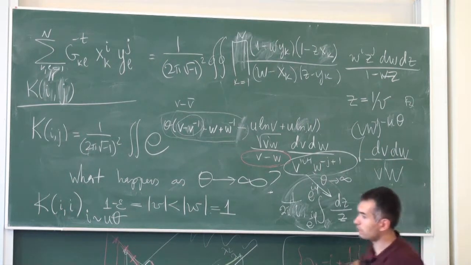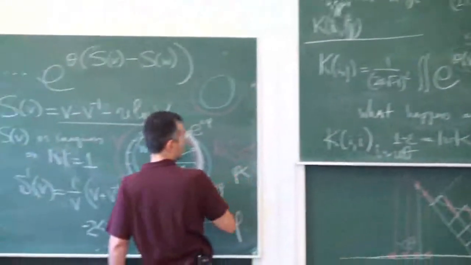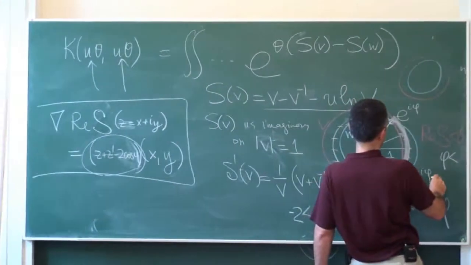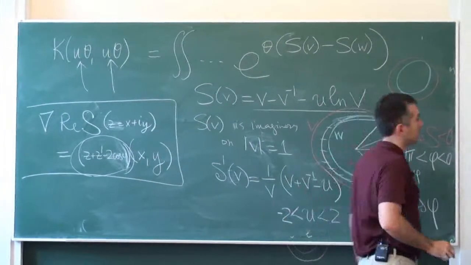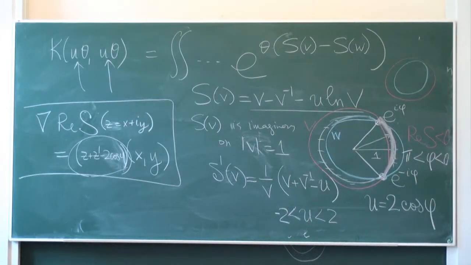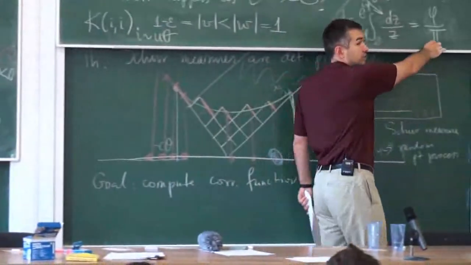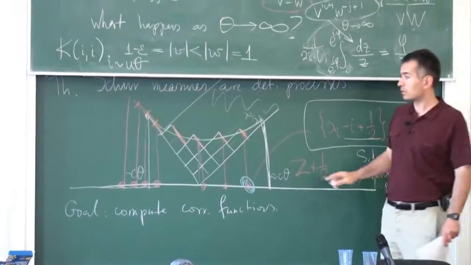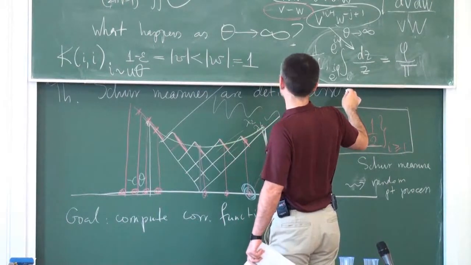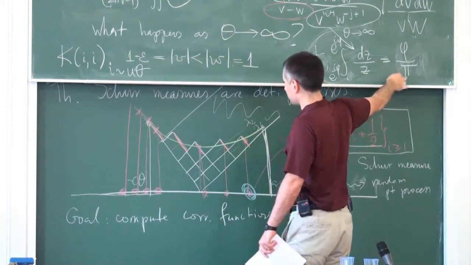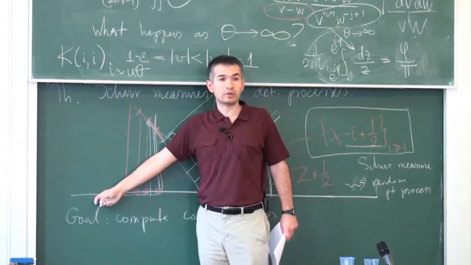So let's see. My phi was the angle on the circle, and phi was ranging between 0 and pi. So phi was 0 when I was at the right end, and that's where the density is 0. And it goes to 1 on the left end, when the density of particles becomes 1.